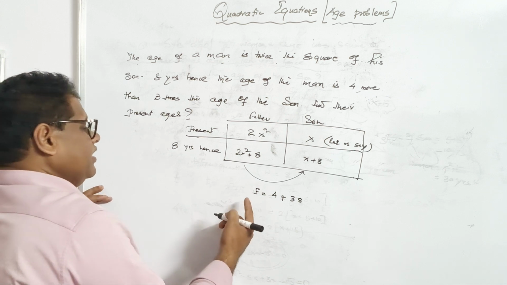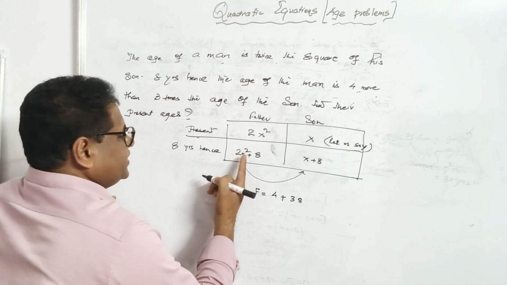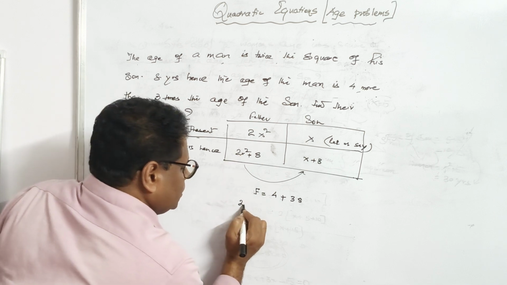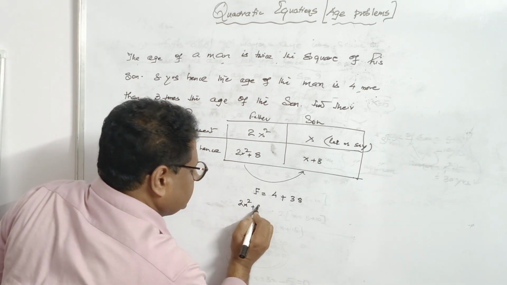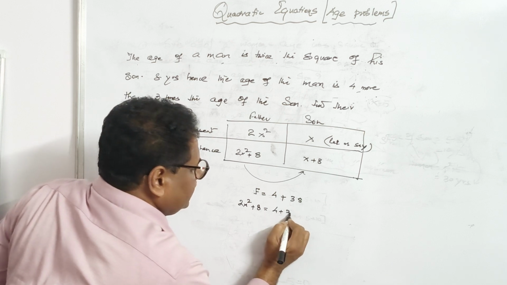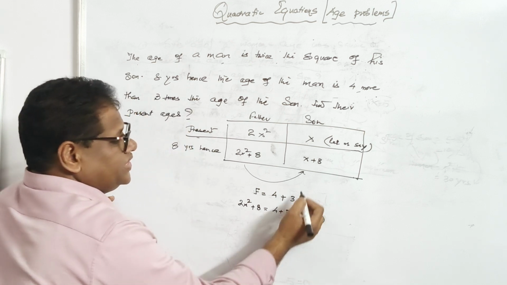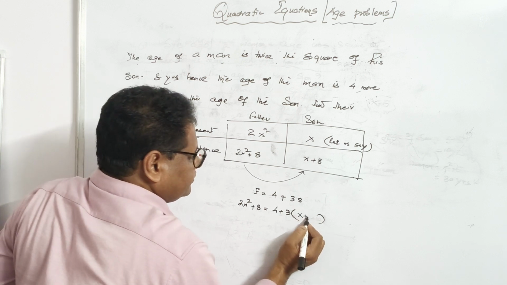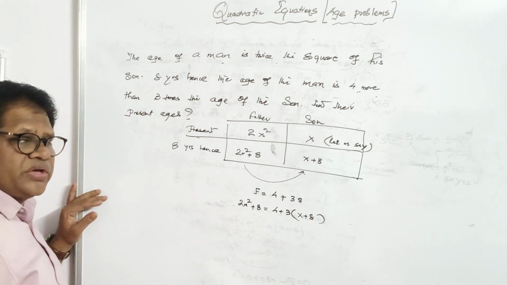Now put the values. After 8 years, the father's age, 2x square plus 8, equals 4 more than 3 times the son's age, x plus 8.